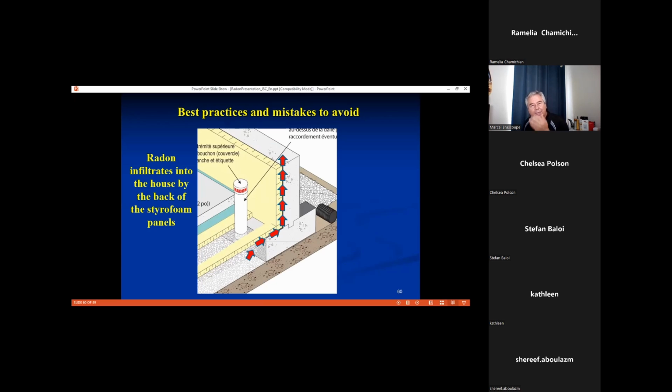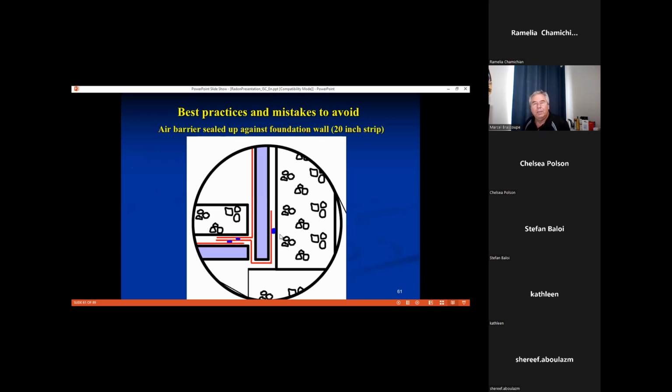So how do we prevent that? Here are some options. You could take a small strip of 20-inch wide vapor barrier and glue it to the wall. You install your styrofoam panel on the wall, and you take the end and tack it temporarily to the surface of the styrofoam panel.